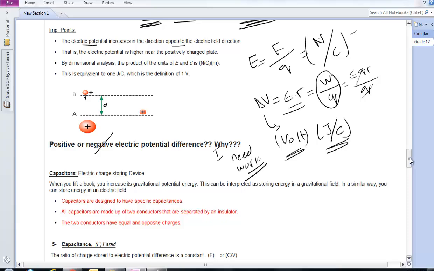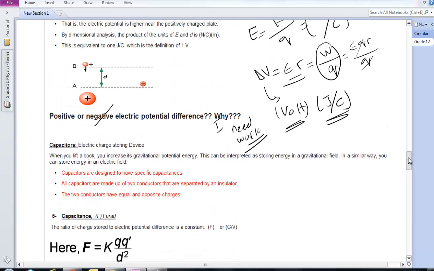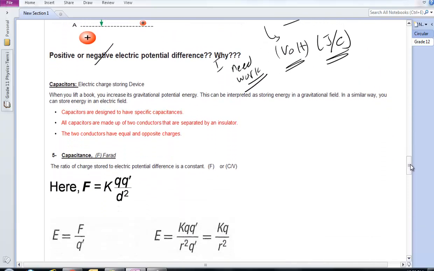Now we move to the capacitance. So we covered now the meaning of electric force, electric field strength, and delta V. We mentioned that this is Kc Q1 Q2 over R square, absolute value, and that this is equal to F over Q, or Kc Q over R square.